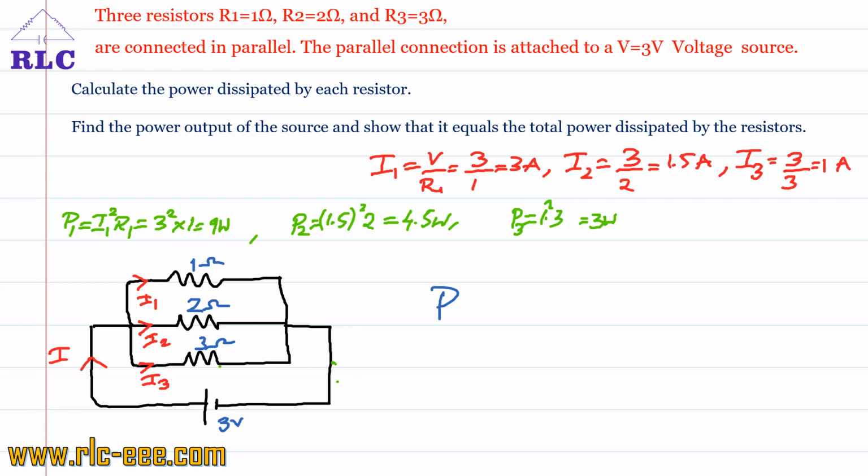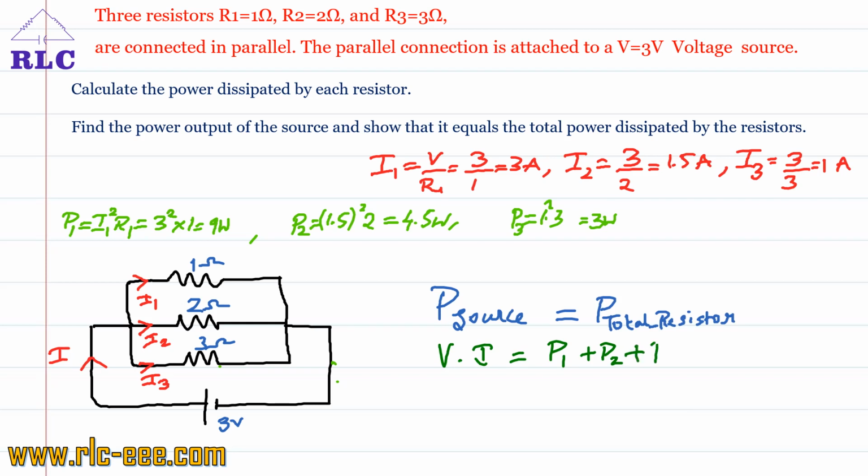Okay. So for the second type of question, find the power output of the source. It means you need to find the source power, which should be equal to the power dissipated by all the resistors, that is P total, P1 plus P2 plus P3, correct? So V into I is equal to the total power, P1 plus P2 plus P3. Just substitute all the values. 3 volts.